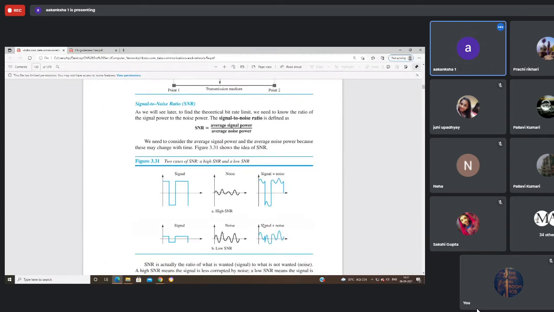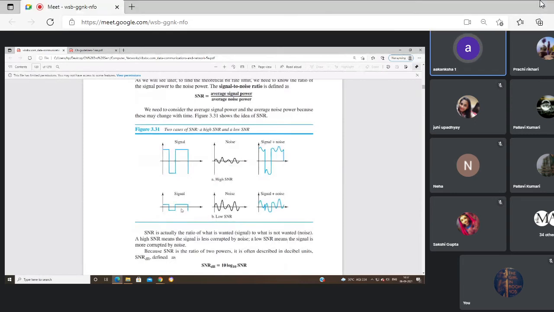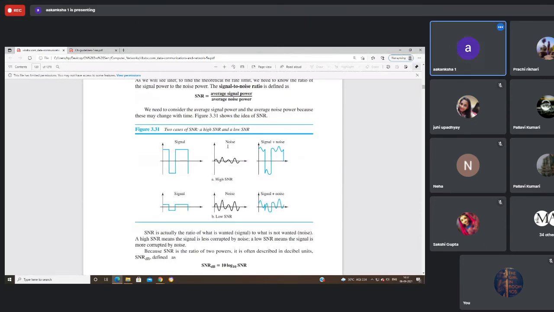So now suppose this is a signal. For high SNR, we say the signal is distorted less. If the average signal power is more and average noise power is less, there will be high SNR. That means noise is less, therefore your signal will be distorted less.